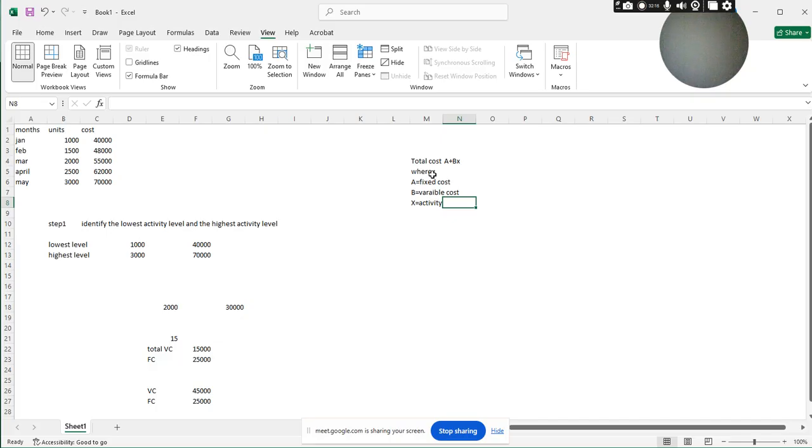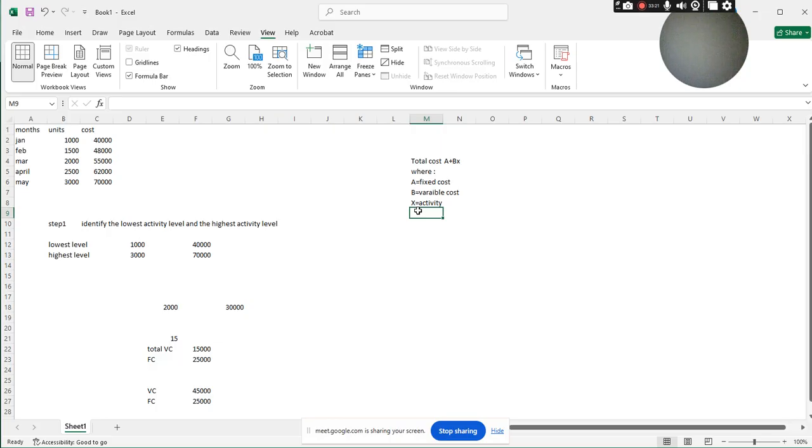Sigma y minus b sigma x all over n, where n here is the number of activities, or the number of months if the activities are given in months, or the number of years if they are given in years. Is that taken?